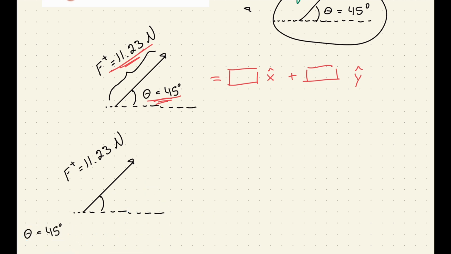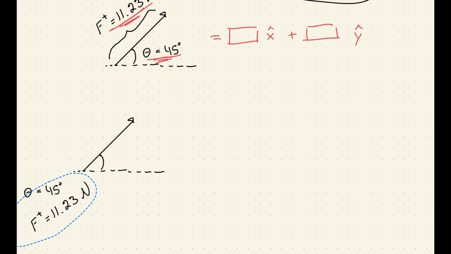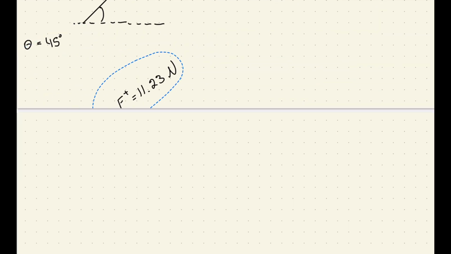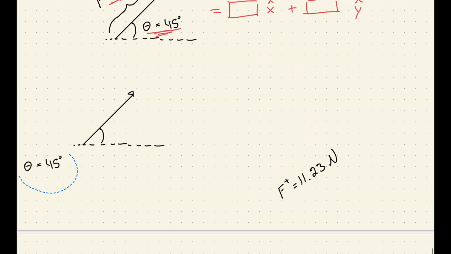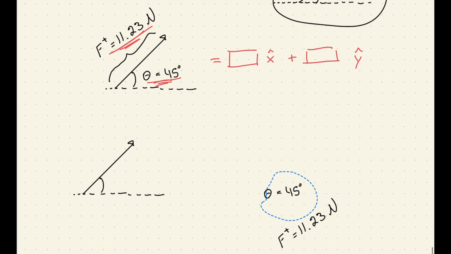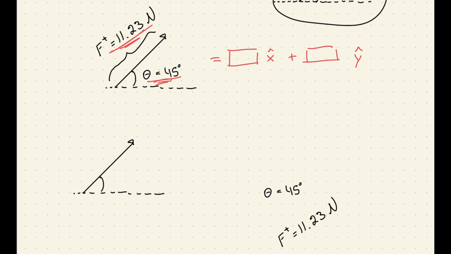Let's use good old Descartes and put this information down here. Actually, I'm going to put this information over here to the side. Now I'm going to create a Cartesian coordinate system onto just this vector. Again, remember the end objective is to break apart this vector into its components.